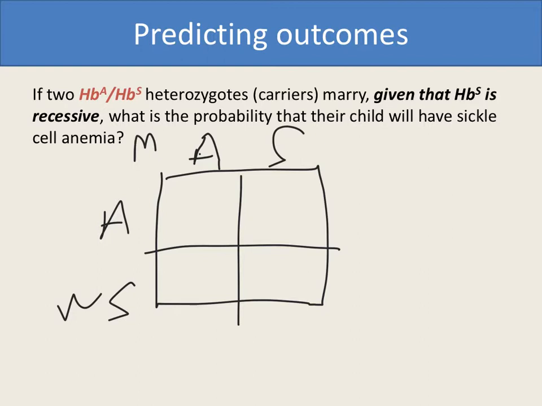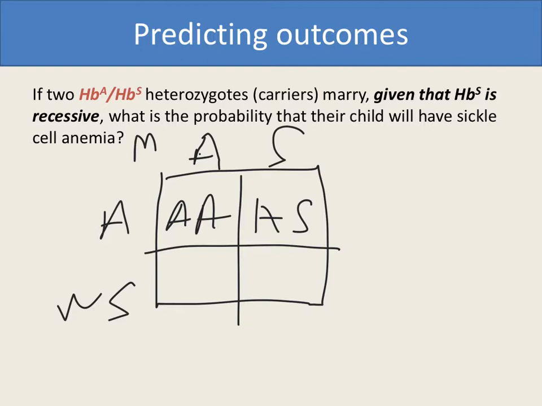So in terms of determining, you want to know what percent probability that your child will have sickle cell anemia. In other words, getting 2 copies of S. You take an A and an A. This is normal hemoglobin. You have a heterozygote, AS.